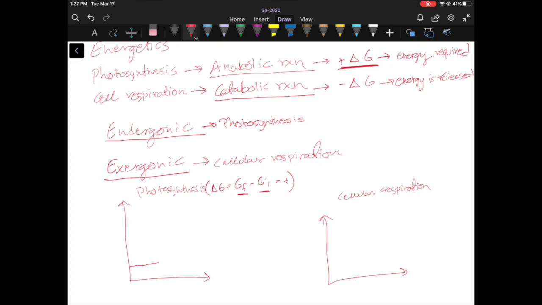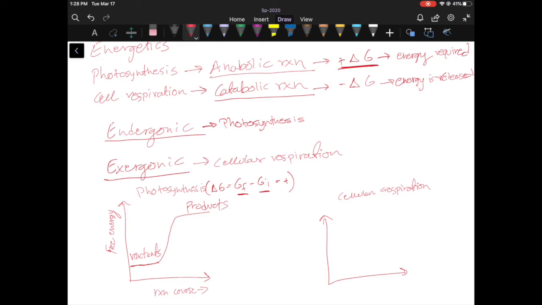So if our y-axis is our free energy, and the reaction's going that way, for photosynthesis, our reactants will have a smaller free energy and a higher free energy in their products. So products and reactants.